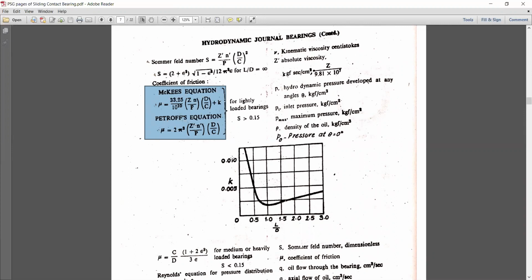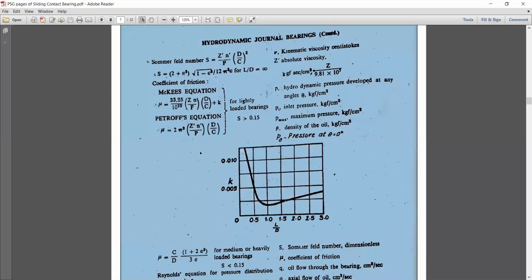So for this case, if it is a light load, take Mac's equation. If the value of S is greater, you can use the second equation, or the third equation also given in PSG. You can refer to this one also. Now I have considered Petrov's equation. So mu is equal to 2 pi square z dash n dash divided by p into d by c.